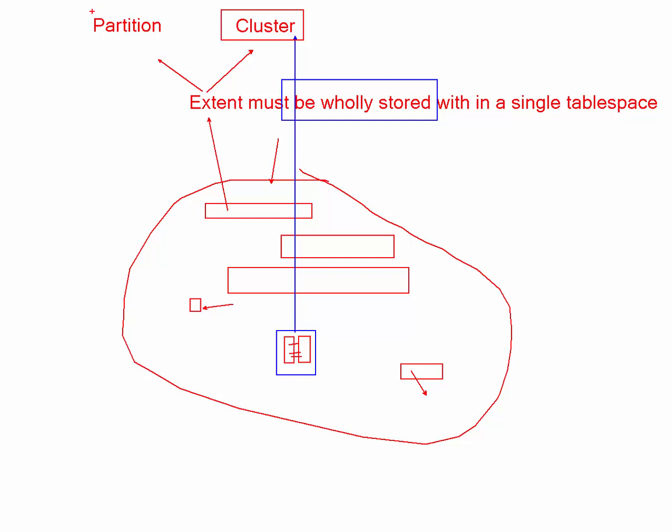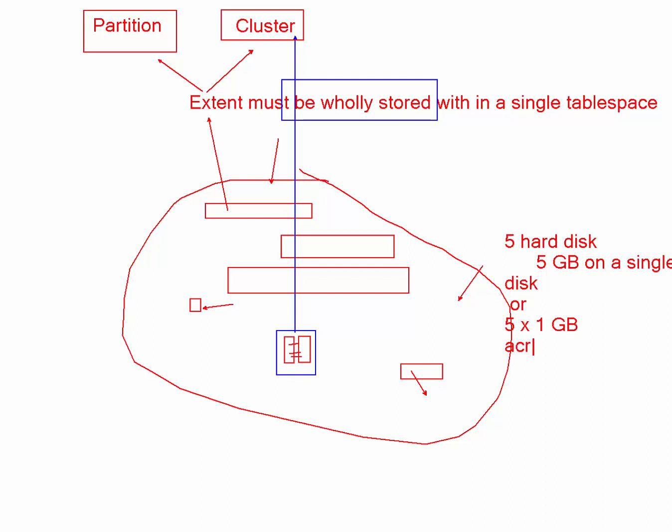Now, partition is in the event that your table is really big. Folks, it's really difficult for the server to go through. Let's say you have 5 hard disks. You can put 5 GB on a single disk, or 1 GB across each of 5.